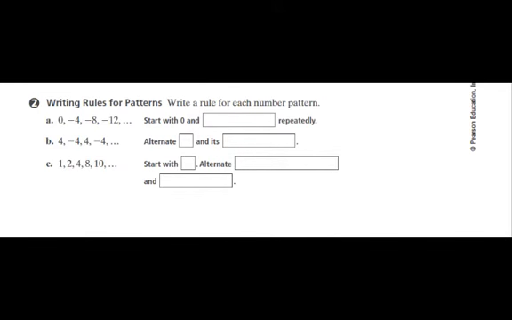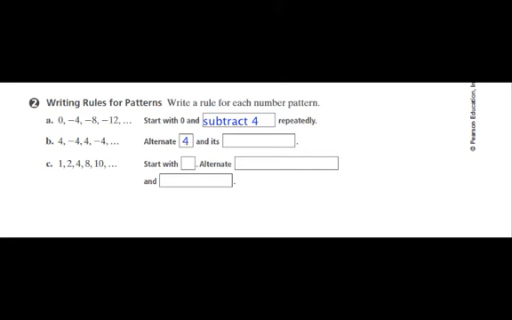Writing rules for patterns. Now we're going to practice writing a rule for each number pattern. Look at number 2A. We have 0, -4, -8, -12. So the pattern or the rule is going to be we start at 0 and subtract 4 repeatedly. For part B, it's 4, -4, 4, -4.